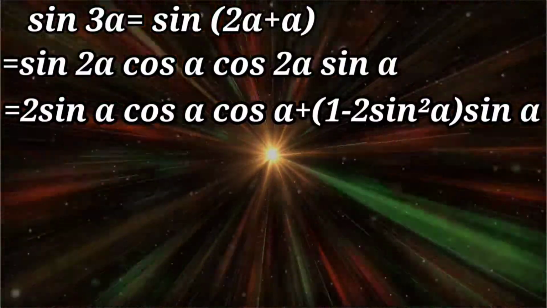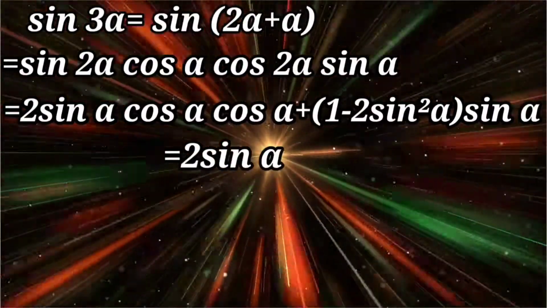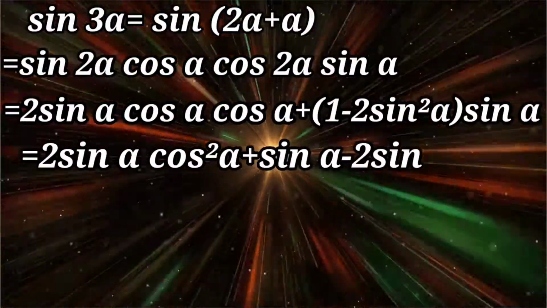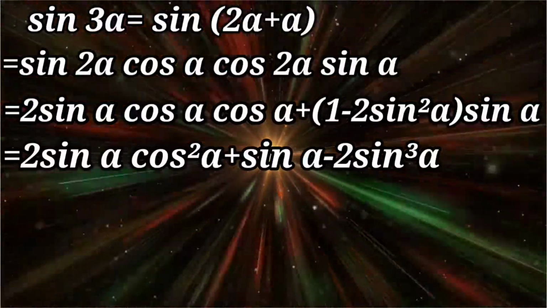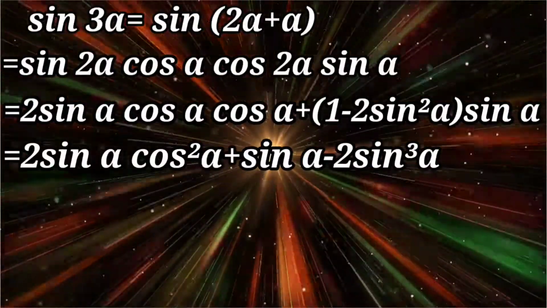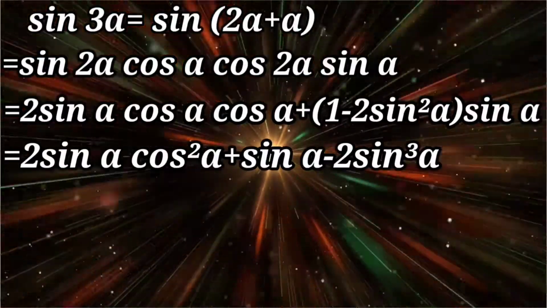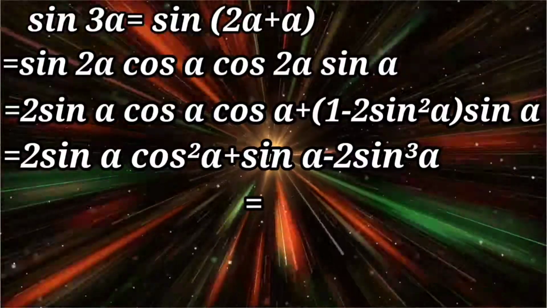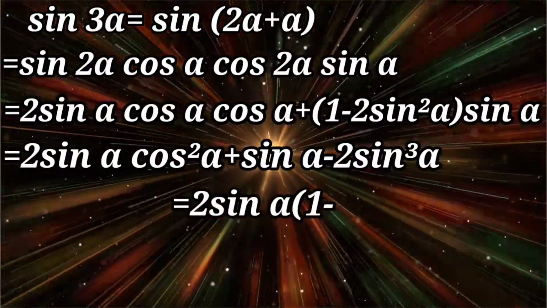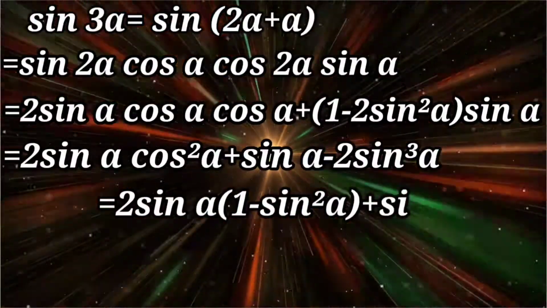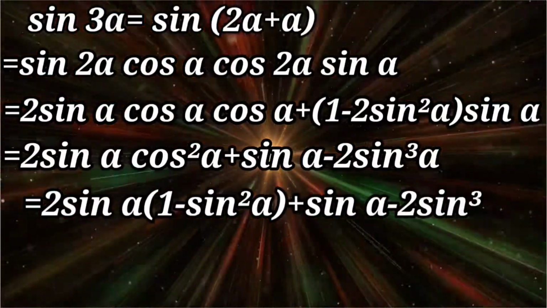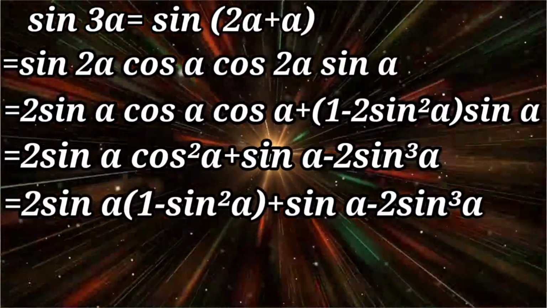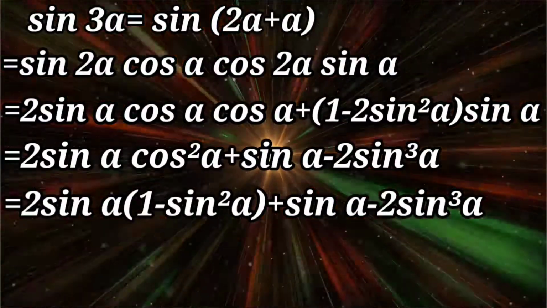Now 2 sin α is kept, and we get 2 sin α cos²α plus sin α minus 2 sin³α. Now 2 sin α stays the same and cos²α is equal to 1 minus sin²α, plus sin α minus 2 sin³α.